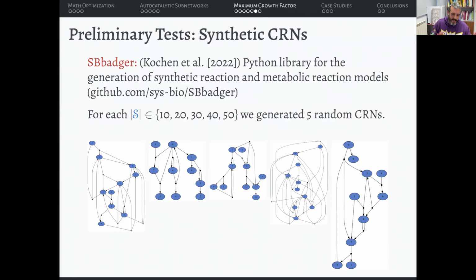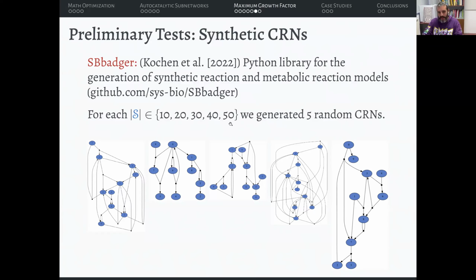The first idea is, okay, let's try to find small CRNs and try to find the limitations of our approaches. We use this library SBbadger to generate kind of realistic but random CRNs with species sizes of 10, 20, and so on, up to 50.